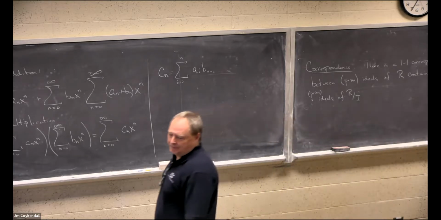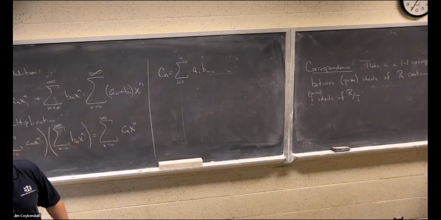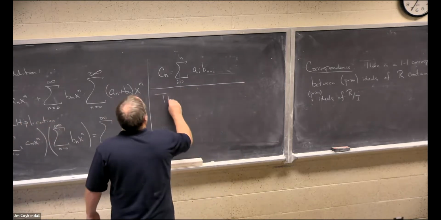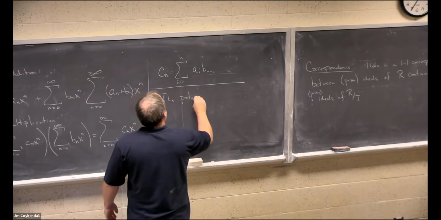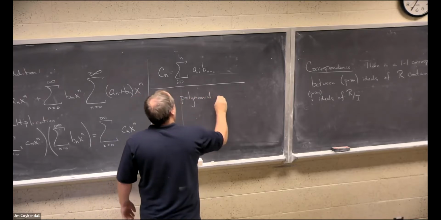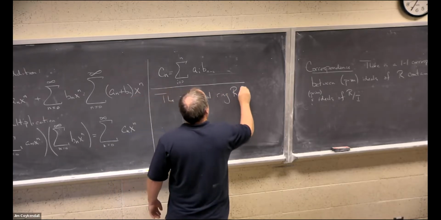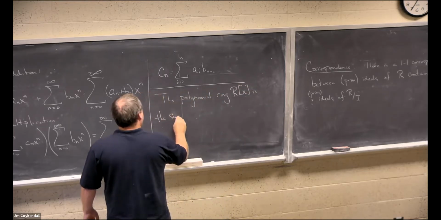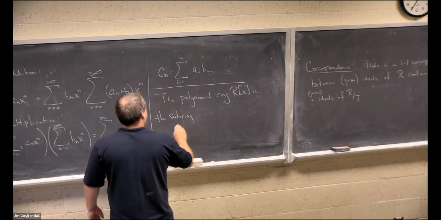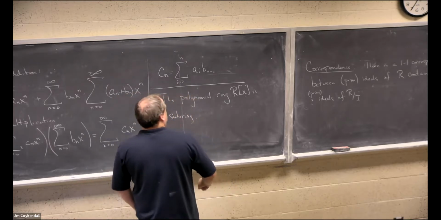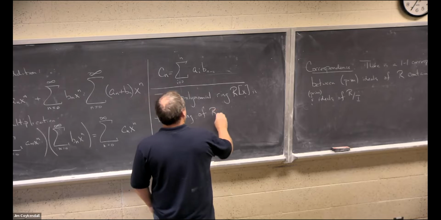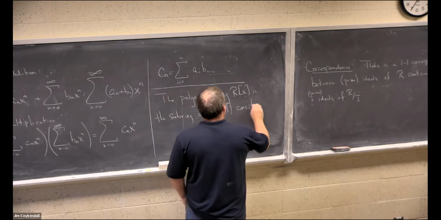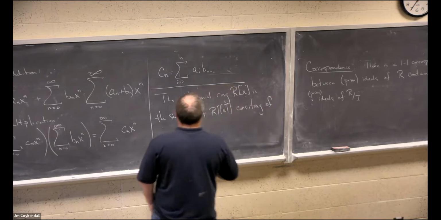Right, okay. The polynomial ring R[x] is a subring of R[[x]] consisting of finite sums.